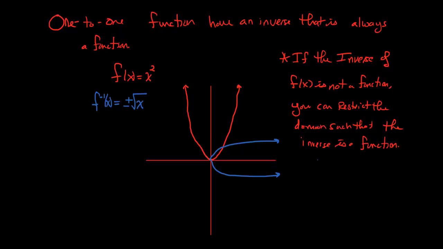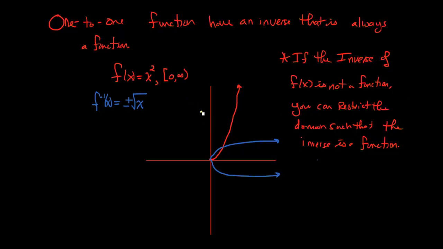But let's say that we restricted our domain, and we restricted our domain here to start at 0 and then continue on to infinity. So that means that we would no longer examine this left portion of the graph, or the negative x-axis portion of the graph. Everything that's only positive would be included in our function. And what does that do?